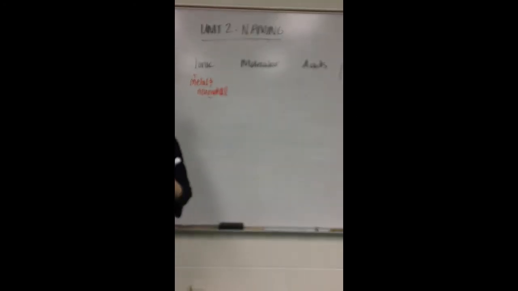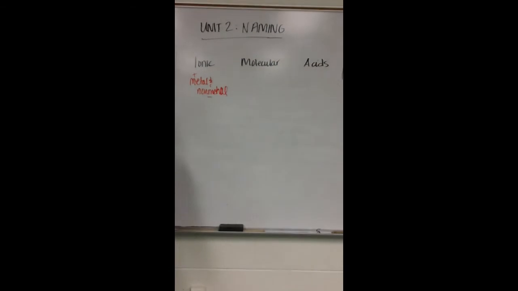The only positively charged ion that's not a metal is hydrogen. So if I have a hydrogen and a nonmetal, then this is not an ionic compound. But if I have any metal, positively charged thing, and a nonmetal together, it's an ionic compound.